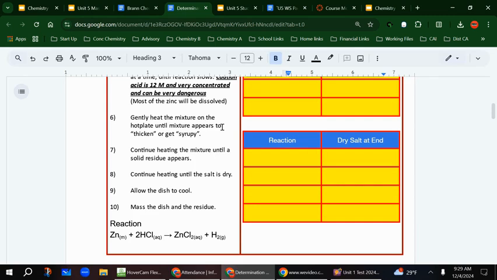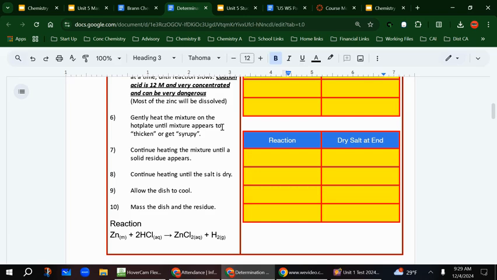Okay? And then what's going to happen is the salt, a white salt, is going to crust over the top of the liquid that is underneath. Now, the liquid underneath will be boiling. So what will happen is that salt will literally start to move up and down in your container as the liquid underneath boils off underneath it.